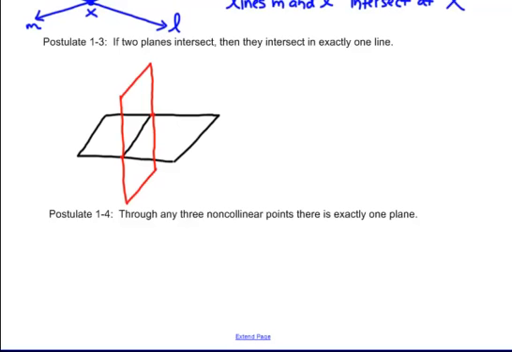Now this is supposed to show it, but it's hard to see. I'm going to add some dashed lines to show a line is behind it, and I'm going to do some shading, use some color. So the first thing I'm going to do is color in this plane. It's going to help us see our intersecting planes better. Now this is going to go underneath.